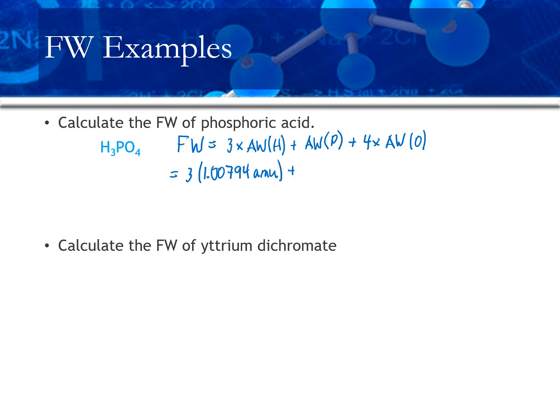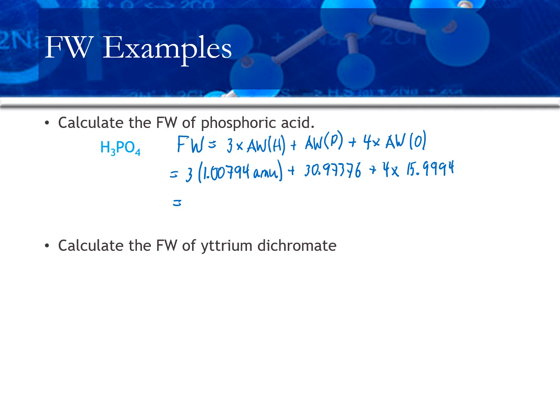And then I add the atomic weight of phosphorus, which I look up on the periodic table, 30.97376, plus 4 times the atomic weight of oxygen, which is 15.9994. Add that all together.